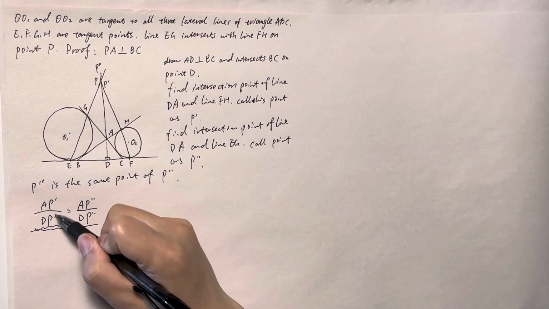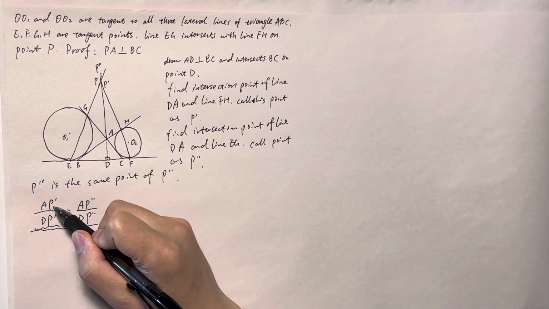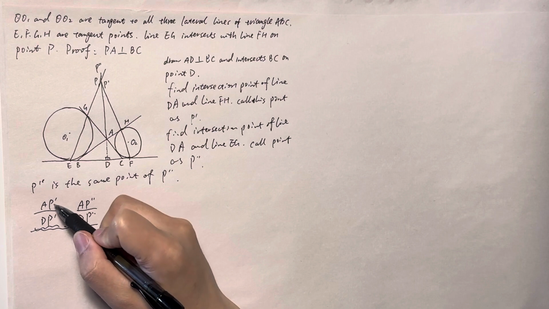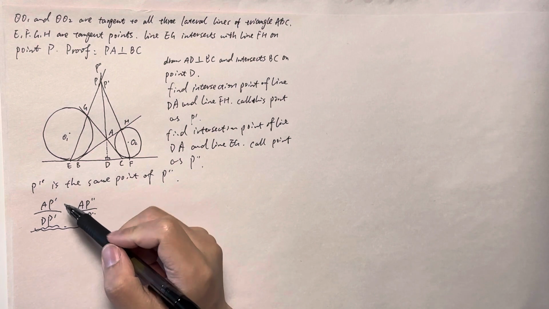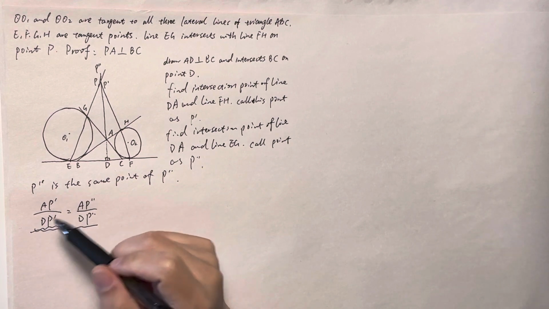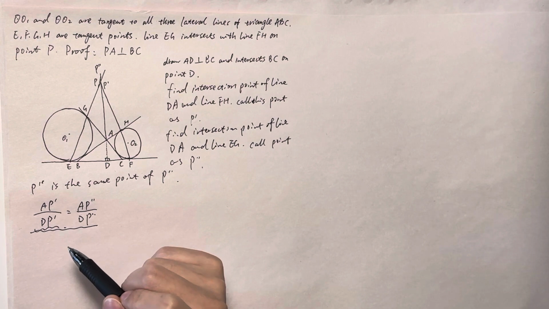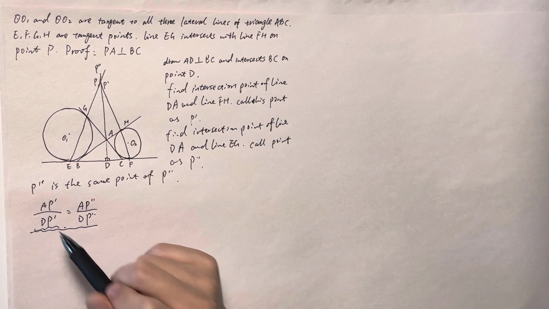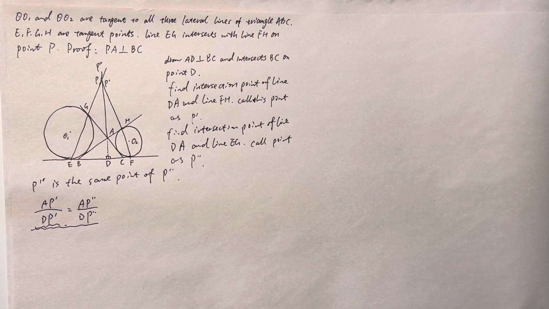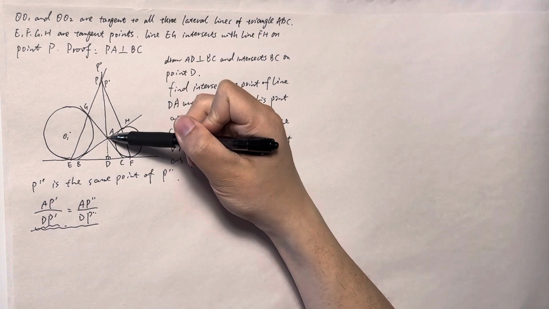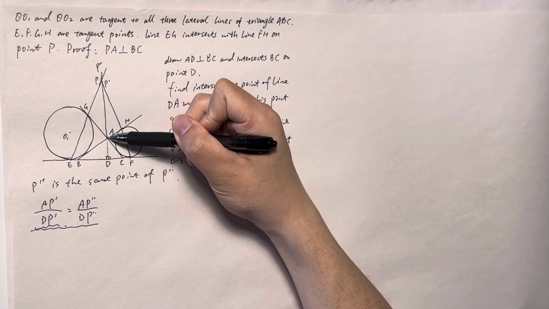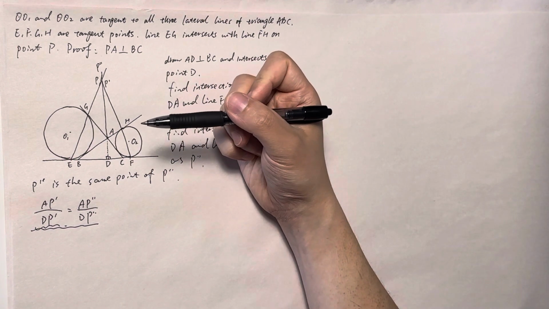So here we have the point P reused from the numerator to denominator, which means P prime must be an intersection point rather than a vertex, which means D and A should be the vertices of that triangle.